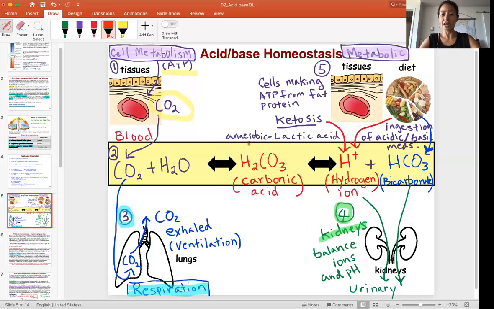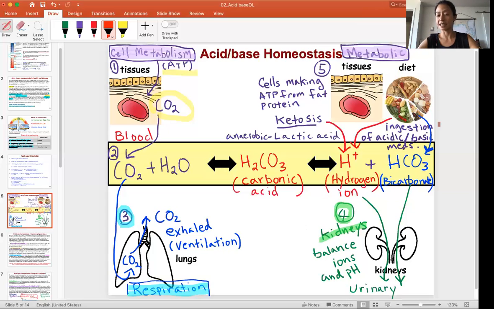We also have anaerobic respiration. The lack of oxygen when making ATP will generate lactic acid. When there's too much of this, again, lactic acid will dump hydrogen ion into the blood. And if there's an excess of hydrogen ion and a lack of bicarbonate to accept the hydrogen ion, then now you have a problem of acidosis.